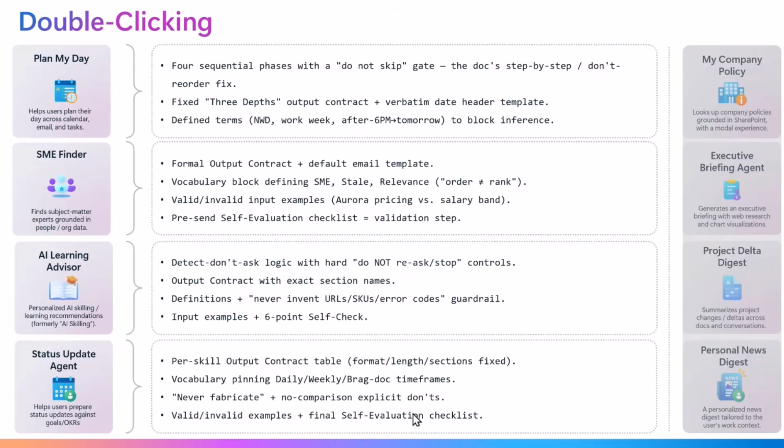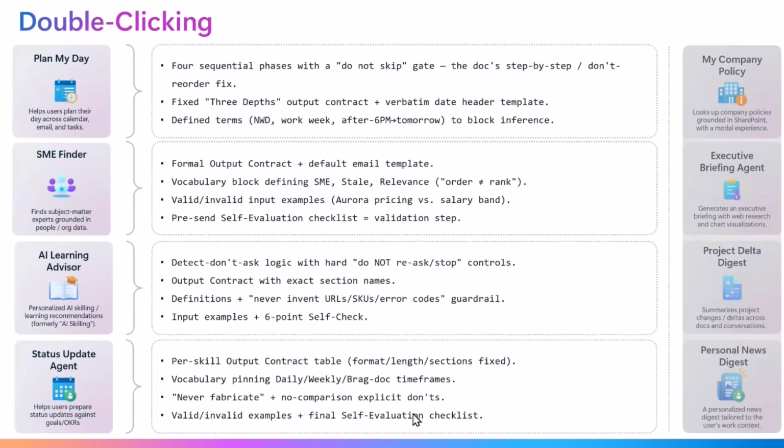We've defined output contracts. In Plan My Day, you'll see 3 depths of an output contract: a 30-second glance, a 1-minute read, and a bigger debrief. We've also defined terms in the instructions itself. We've told it, hey, NWD means next working day. What does the work week mean? Anything after 6 p.m. should be treated as tomorrow. We don't leave inference to chance.